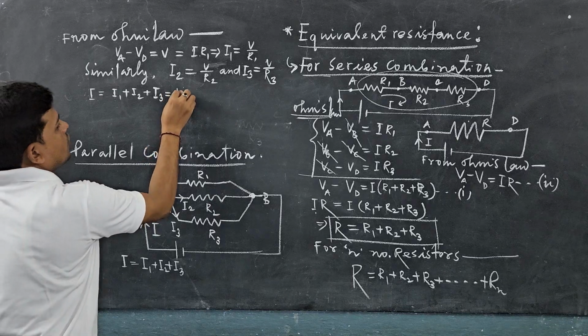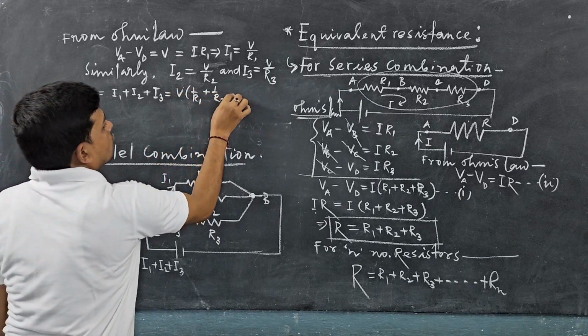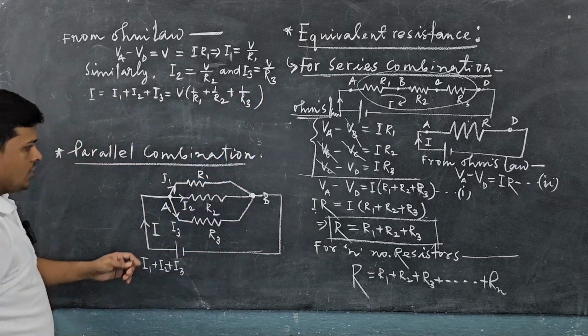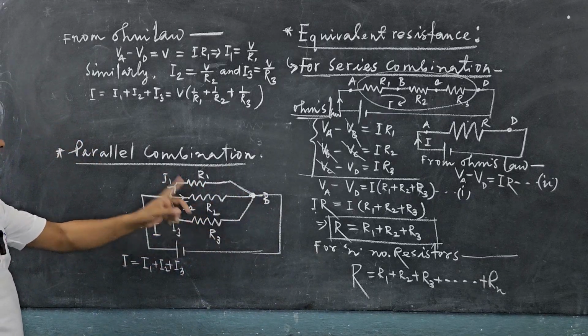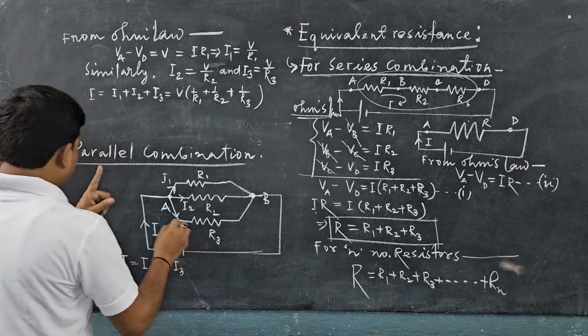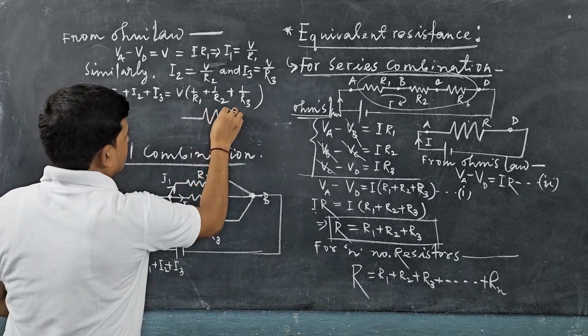This equals V common, 1 by R1 plus 1 by R2 plus 1 by R3. Now instead of these three resistors R1, R2 and R3 connected in parallel combination, here we use a single resistor. And then our circuit becomes this.